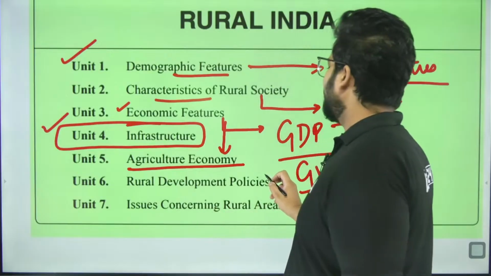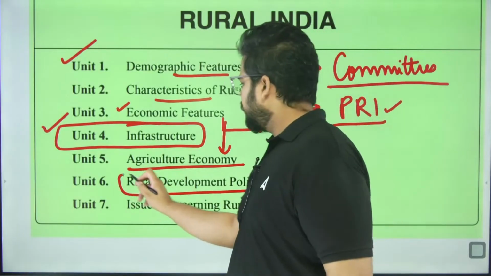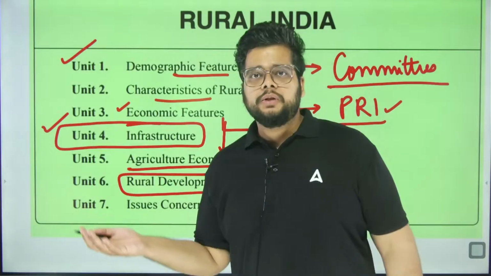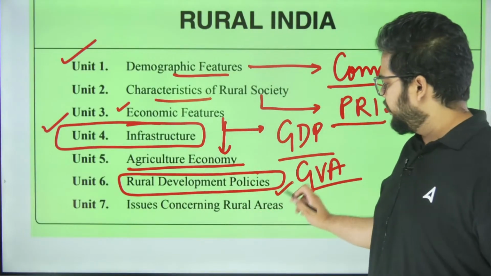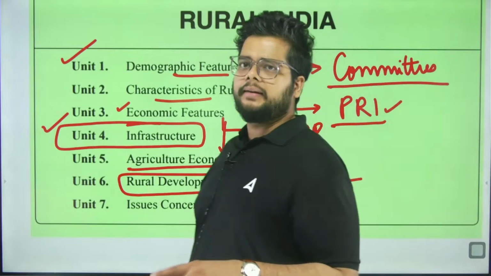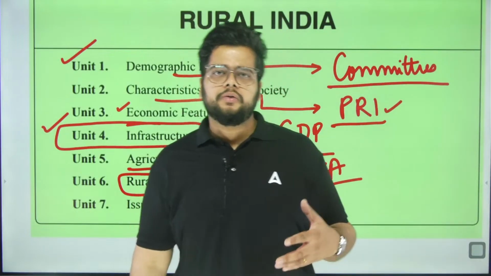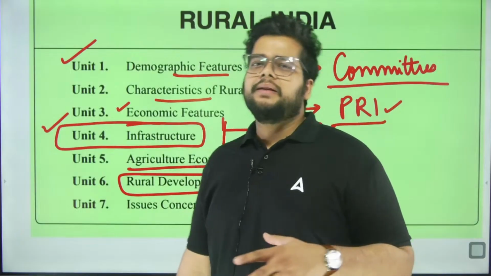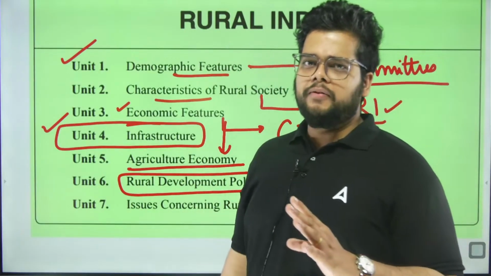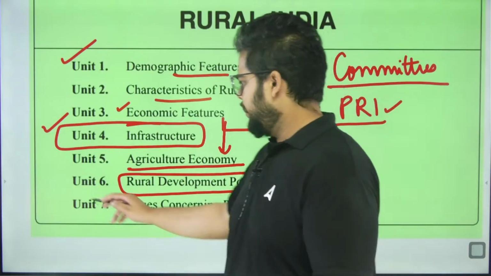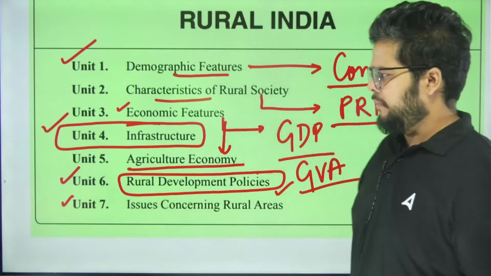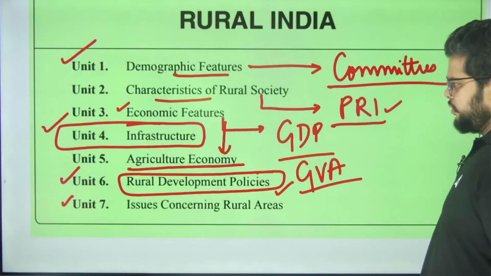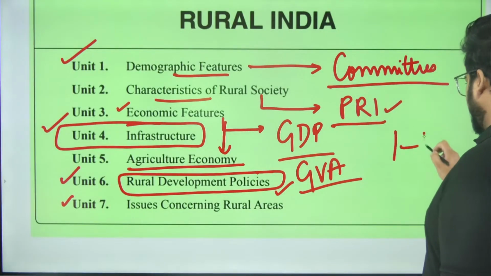After that, the rural development policies, although they are related directly to, you can say, agri credit, also contain certain aspects and characteristics pertaining to rural credit directly, but they are not that important. When we talk about the PYQs from unit number 6 and unit number 7, not many questions have been asked by IIBF. So you need to focus on unit number 1 till unit number 4.